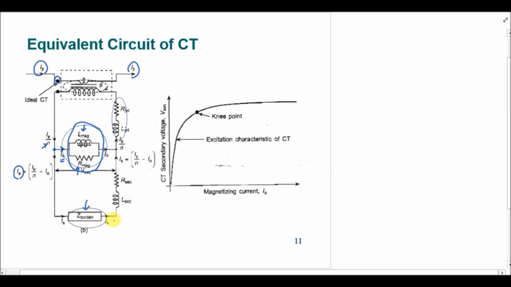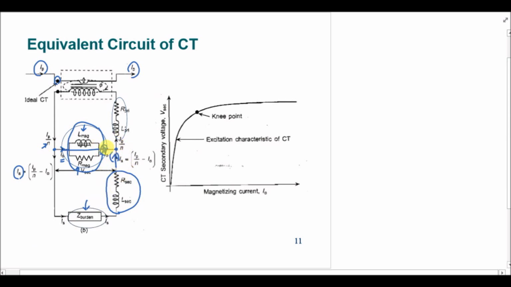After passing through this Z burden, there is the secondary resistance and reactance of the CT, and when we come to this node, the current I naught is coming from this direction and IS is coming from this direction, and both these currents are flowing towards this node. So the summation of these two currents will be flowing after this node.